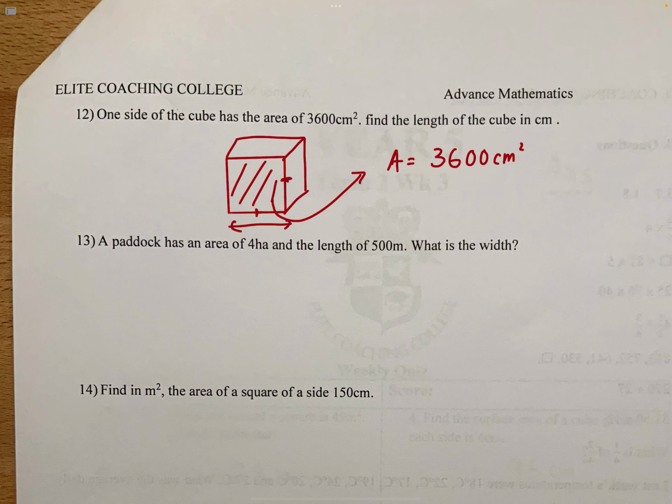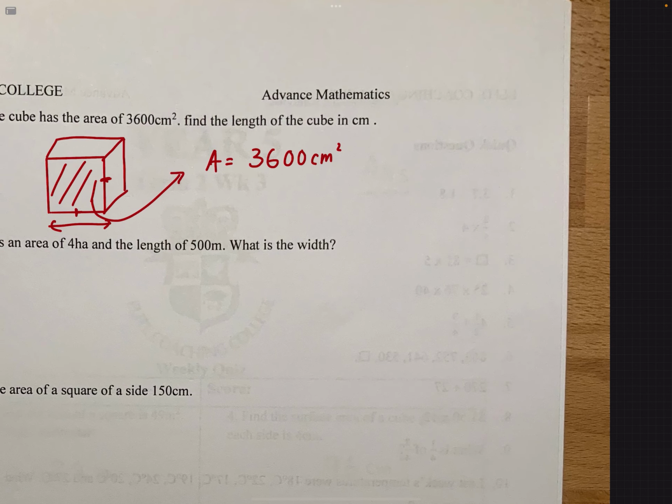We know that the area is calculated by multiplying the side lengths together. So something times something equals 3,600. Now this is a big number, so let's look at the 36 and ignore the zeros for now. What number multiplies by itself to give you 36? Let's try some numbers. 4 times 4 is 16. Nope. 5 times 5 is 25.